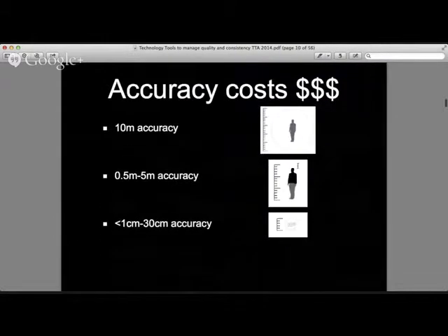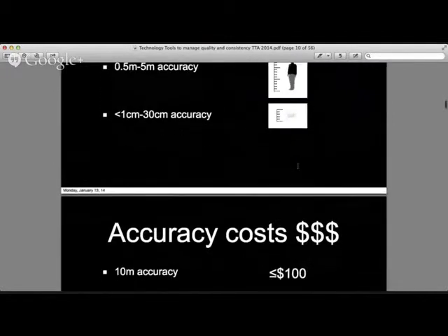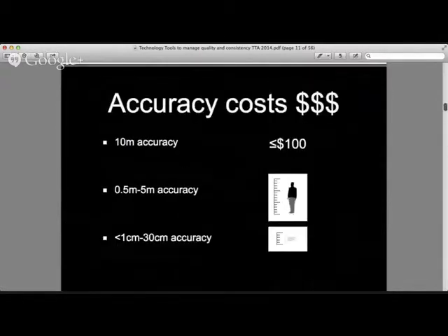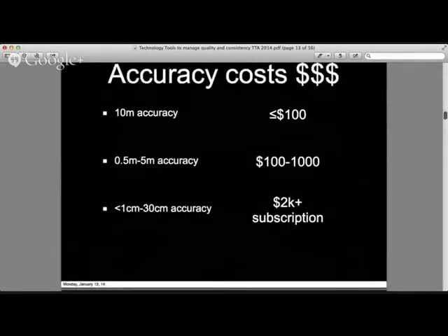So accuracy costs money, and when we think about the various levels of accuracy, at the 10-meter accuracy, which is something similar to what you might have in your car, or in a GPS unit, we're now down less than $100. These are the kinds of things that are in our cell phones and so on.